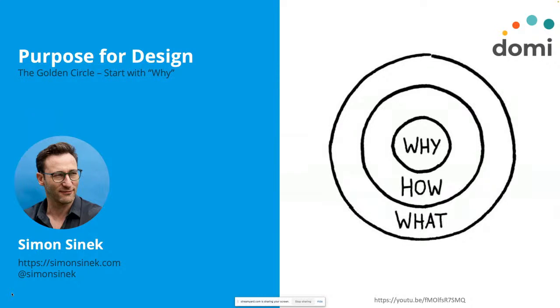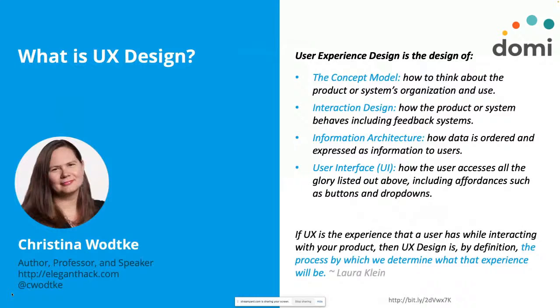I highly recommend Simon Sinek's TED Talk, starting with the why, going out to the how, and then to the what, the thing that you actually make. So bringing it into the realm of UX design instead of experience, some of the items are concept models, interaction design, information architecture, UI or user interface design. But again, you can kind of see that quote at the bottom.